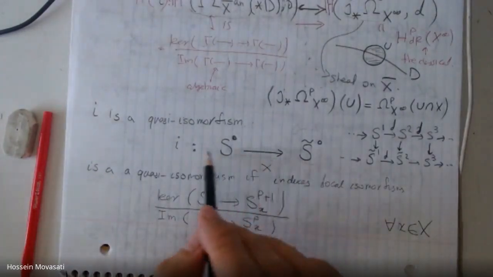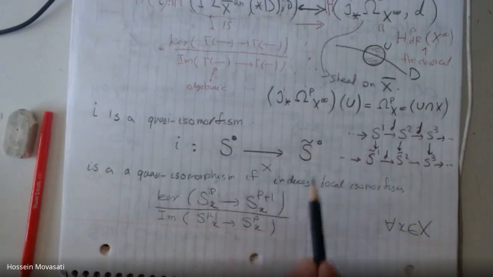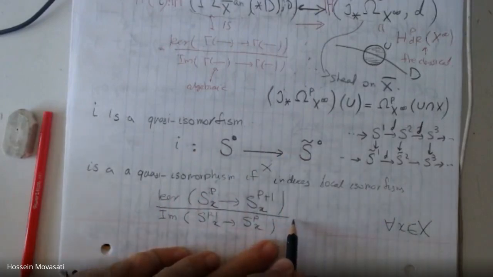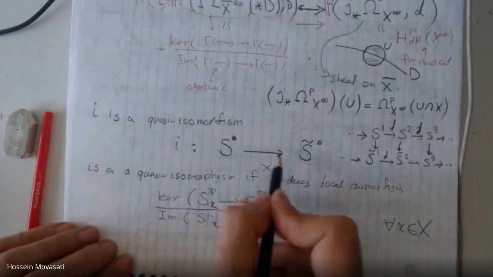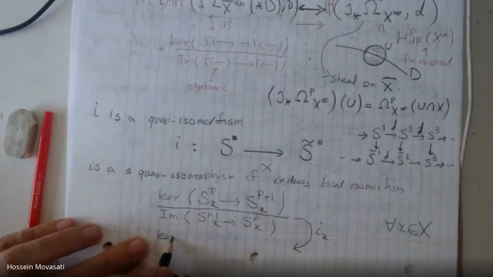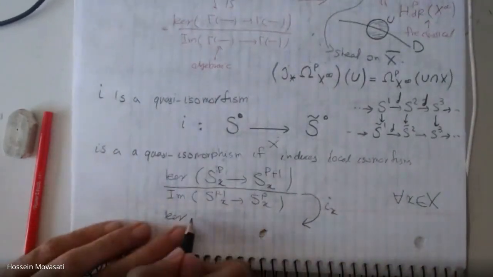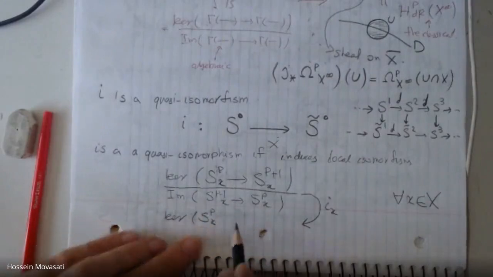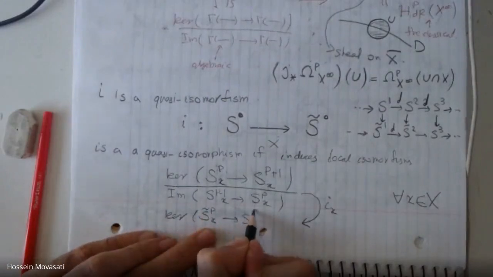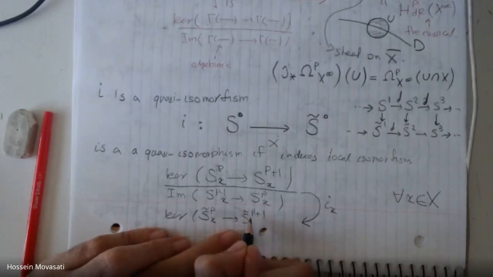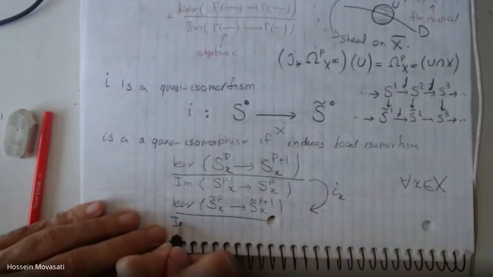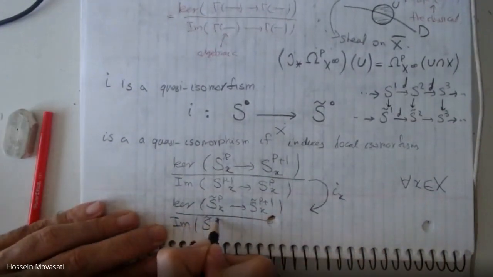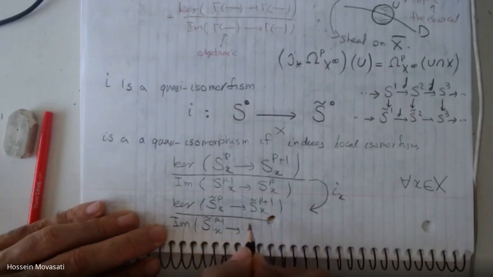And by the fact that I is a morphism of complexes, you will have this map. So you have this map I at the stalks, in the same way as you do it for the kernel, S^p tilde, S^{p+1} tilde divided by the image of D tilde from S^{p-1} tilde.